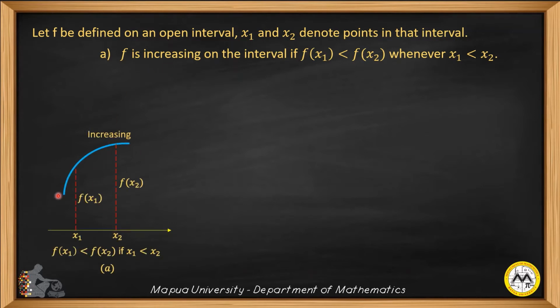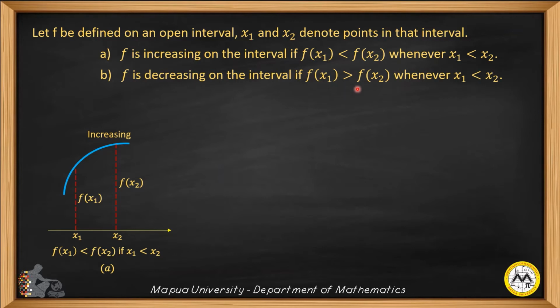This can be illustrated by this graph, where the blue graph indicates the curve of the function y equal to f of x. Notice that as you trace the curve from left to right, you are going uphill. This will indicate that in the direction of increasing x, f of x sub 2 would always be greater than f of x sub 1, indicating the function to be increasing in this particular interval.